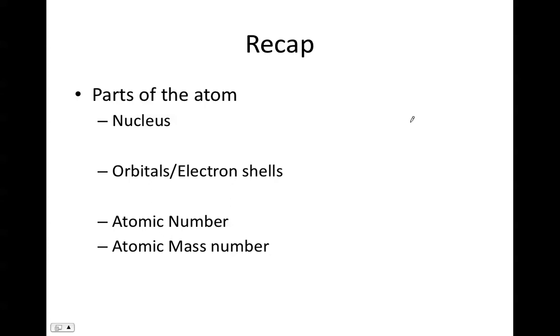So to recap today, we had the parts of the atom. In the nucleus, we had protons and neutrons, and we said the nucleus has an overall positive electrical charge.